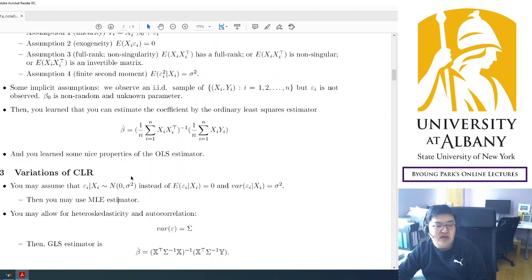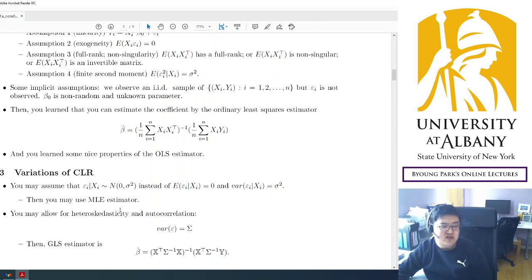This replaces assumption 2 and assumption 4. And this assumption is more restrictive, stronger. Not only does this imply the mean and variance, but at the same time, it implies the shape of the distribution is a bell curve, normal distribution.